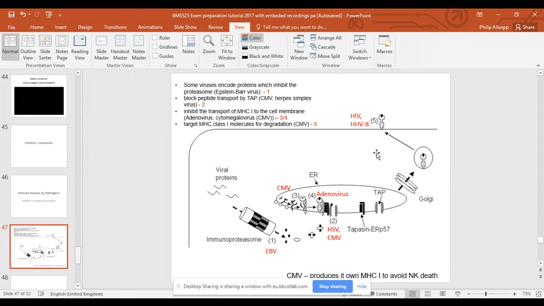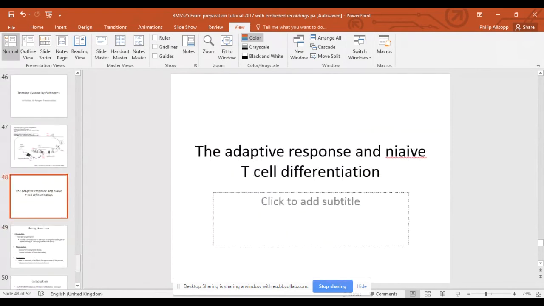So in terms of the context, you're saying antigen presentation of a virus is very important, but this is how viruses are able to override this protective presentation pathway. Everybody happy with that?